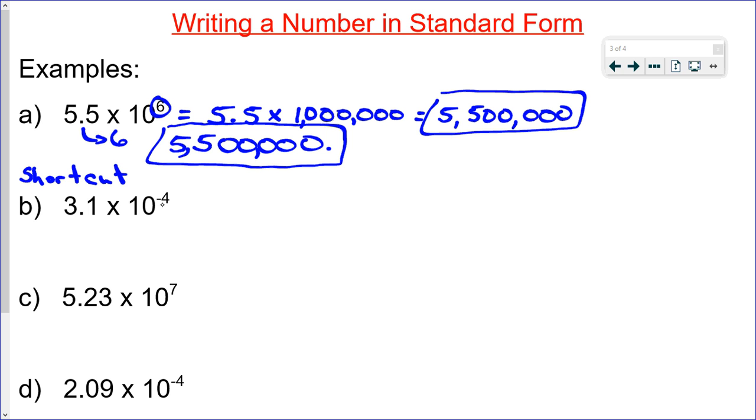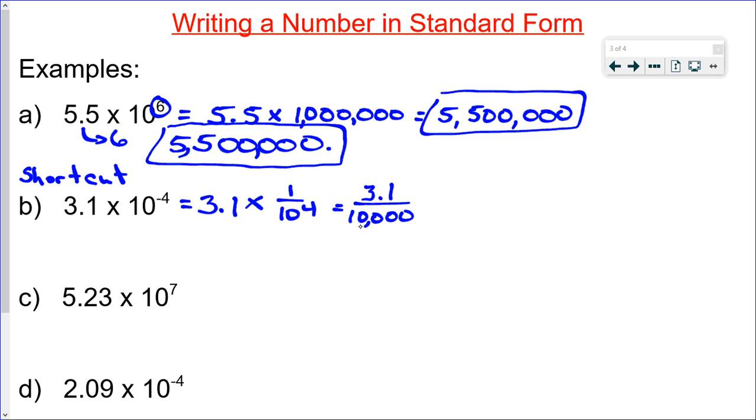Well, what if the exponent is negative? Let me show you the long way first. For 10 to the negative 4th, if you haven't learned about negative exponents, to make that a positive exponent, you would put it under 1. So that's 3.1 times 1 over 10 to the 4th, which is the same thing as 3.1 divided by a 1 with 4 zeros.